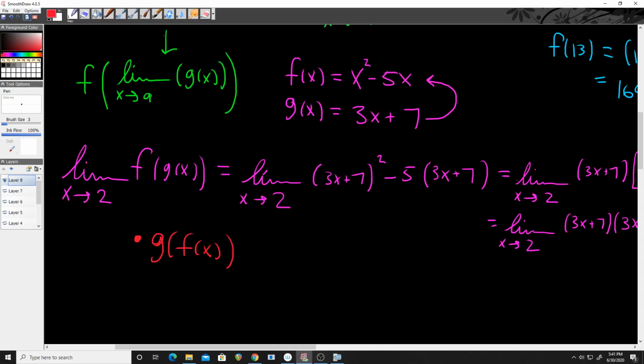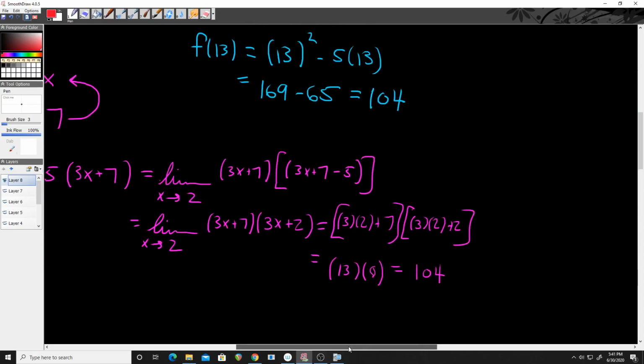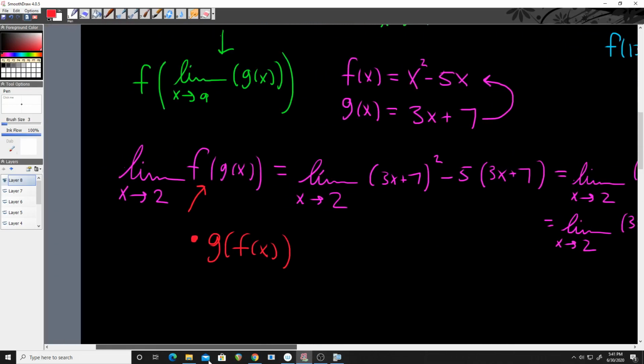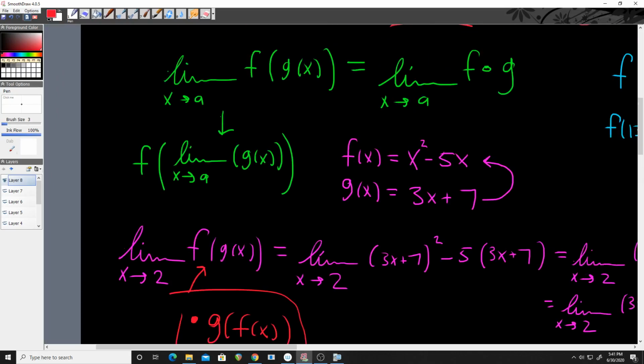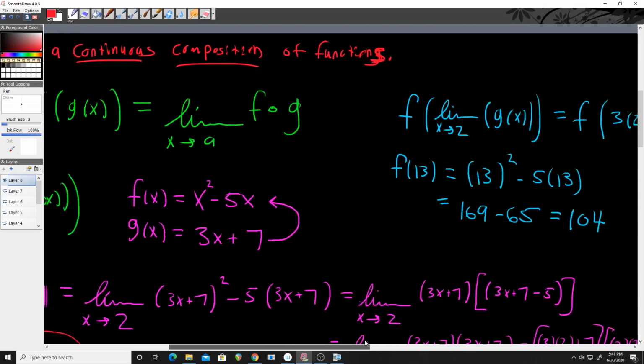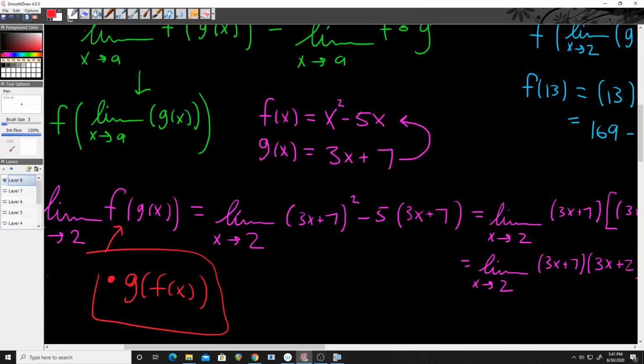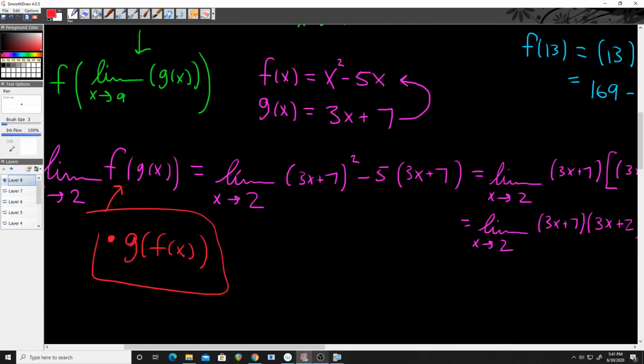In other words, go through this calculation where you actually calculate the composition, get the limit that way, and then repeat the process using this limit of a continuous composition theorem, and see if you get the same result. Okay, so there we go.